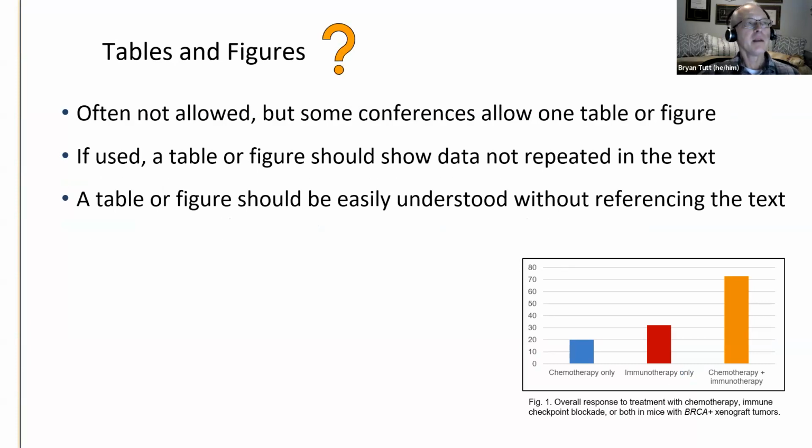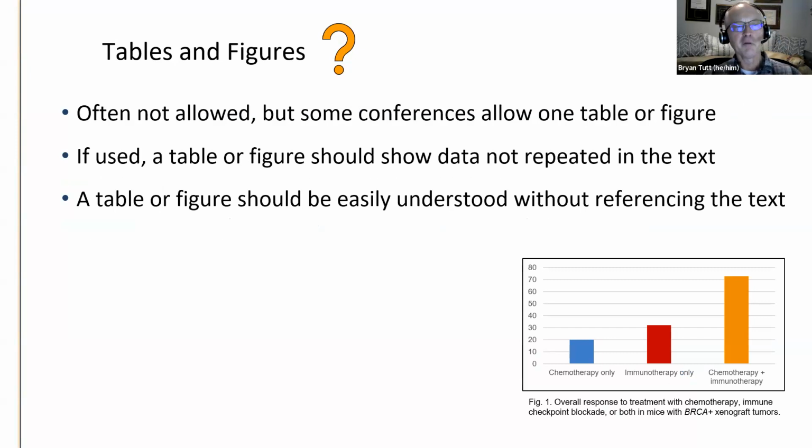And you may or may not be able to include tables or figures. Some conferences will allow you to send one table or one figure, usually not more. The important thing is that a table or figure will show data that's not repeated in the text or information that's not given in the text.